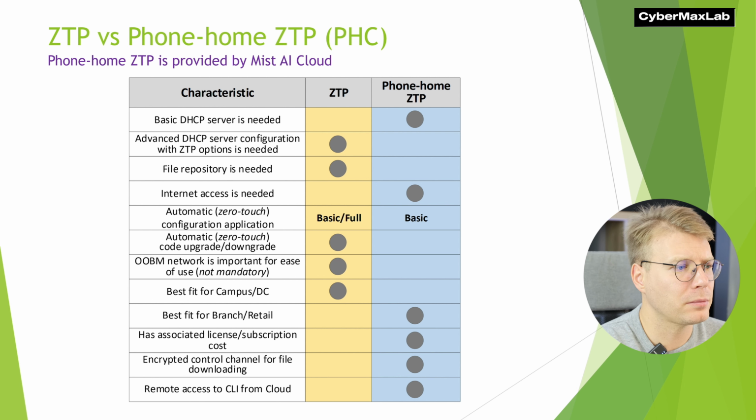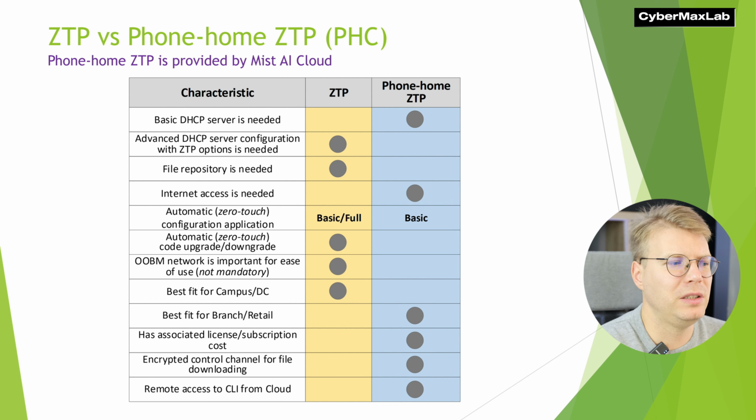Mist AI. I would say that ZTP is the best use case for campus, DC networks, or service provider networks, where you have a large scope of devices, well-templatized environments, and multiple devices of the same kind.